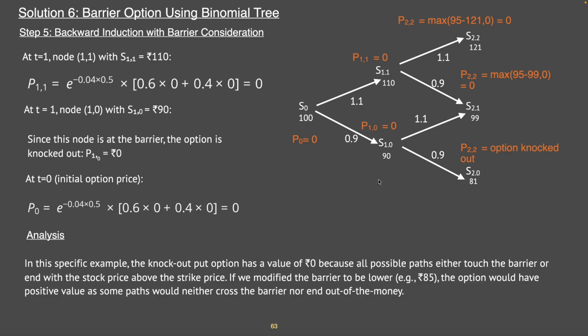Similarly, at the first stage, S11 is 110, greater than the strike price of 95, and S10 is 90, where the stock price is equal to the barrier price. Here also at the start, S0 is 100, greater than the strike price of 95. So this is how we analyze the option using the binomial tree.